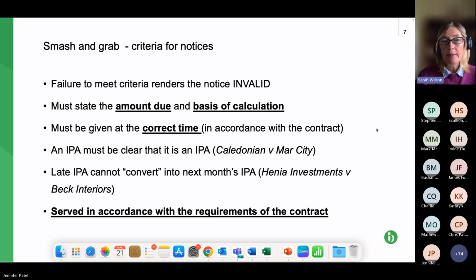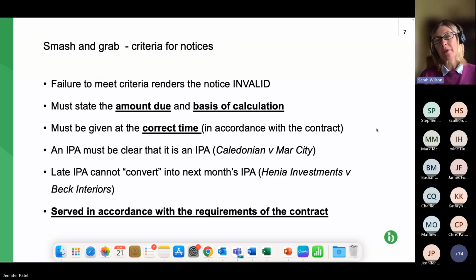In this case, so this is an authority to basically say things like, if you've used the same format for your IPAs throughout, be really careful about changing the format. If you're going to, my advice would be tell the other party in advance, possibly send a draft of it so that it's absolutely clear, so they're not going to see it and think that doesn't look like the usual IPA, I'll just ignore it.